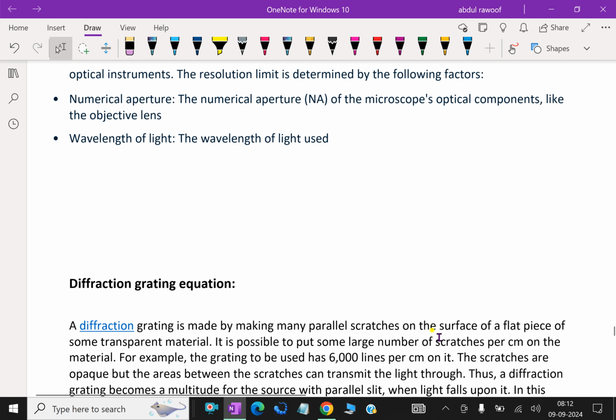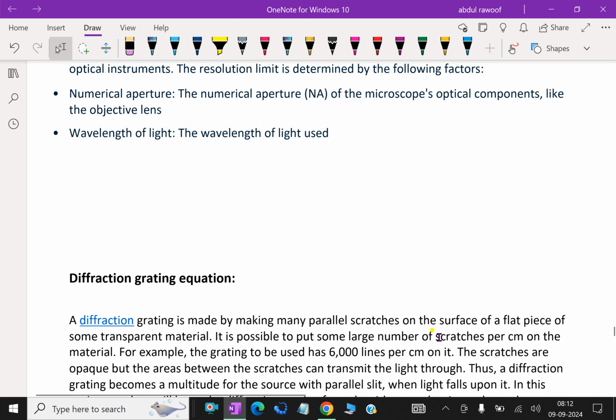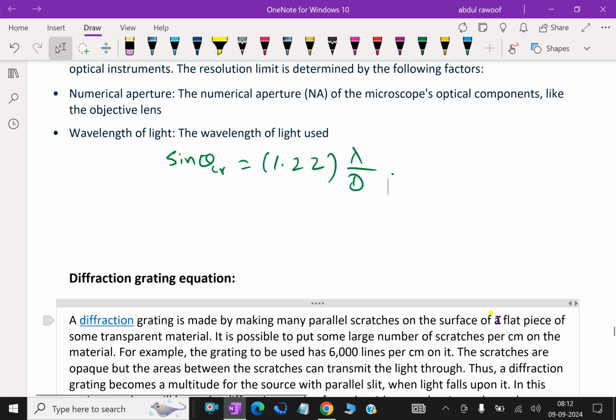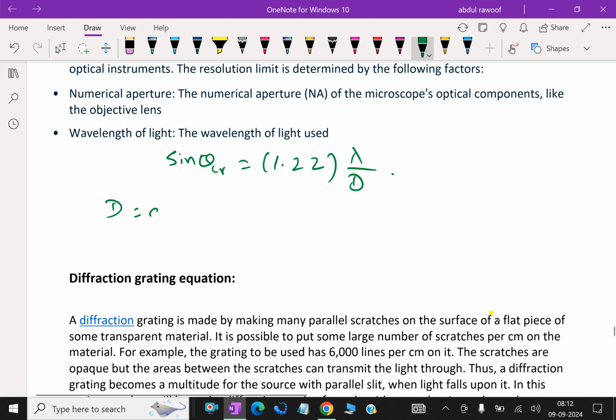Then here, look at here, sine theta equals, for example, 1.22 lambda by d, where d is the diameter of the circular aperture.